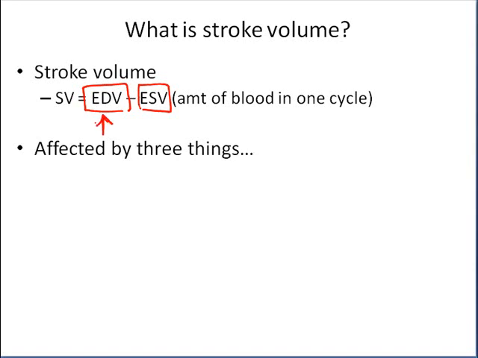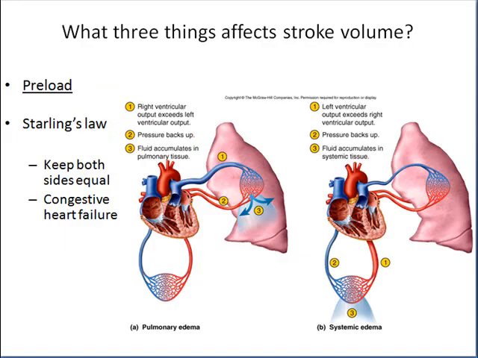Here I'm taking the maximum amount of blood in the heart right before it contracts, and I'm subtracting away the amount of blood that's left in the heart after it's done contracting. Obviously, the difference between those two is exactly how much blood was ejected, or stroke volume. We can influence stroke volume in three different ways. The first of which is we can alter what's called preload.